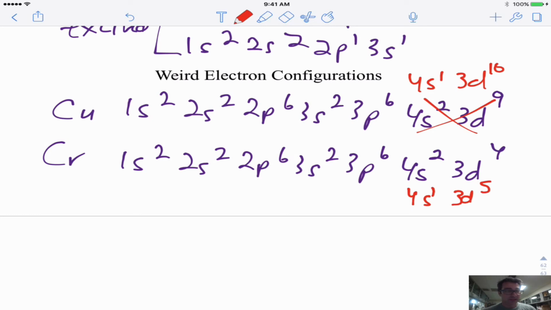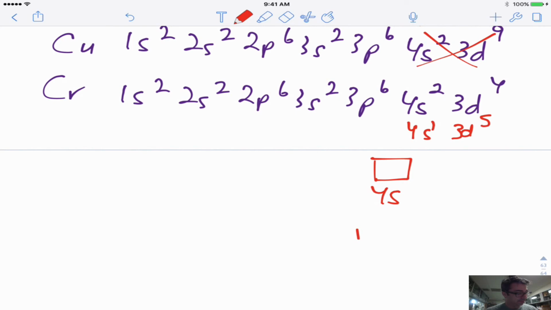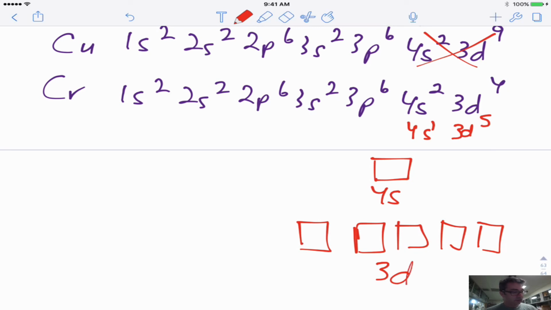And just to really quickly explain one of them, if you look at chromium, if we draw out the electron configurations for them, 4s, and then we put 3d, when we do it 4s1 and we put 1 electron here and 3d5, we put our 5 electrons here, the electrons are repelling each other less.